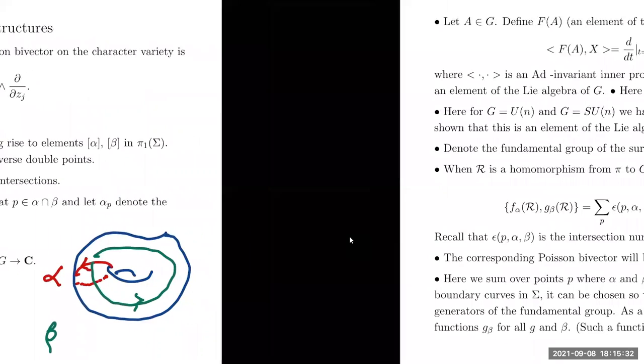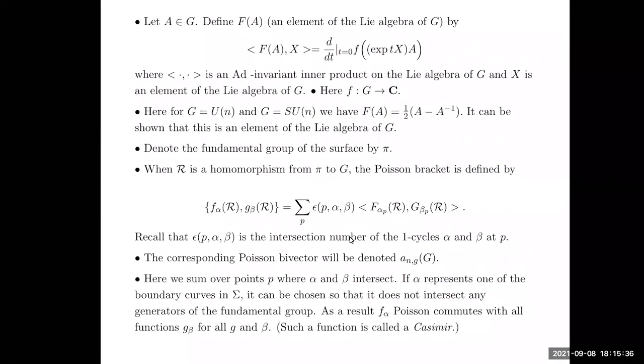So we'll be discussing Poisson brackets of these F_alphas. Let's suppose that A is an element of the group G. I'll write F of A. This is an element of the Lie algebra of G. And it basically is the derivative of, we're describing X as an element of the Lie algebra and take the exponential map to send X from the Lie algebra into G. So F of A is an element of the Lie algebra.